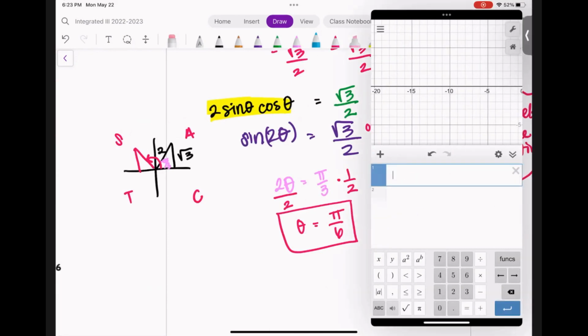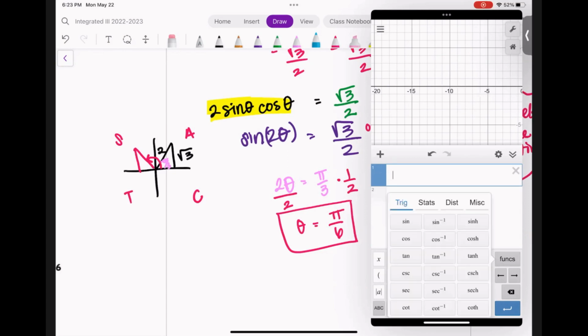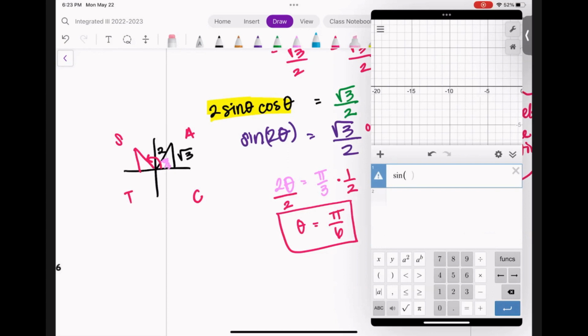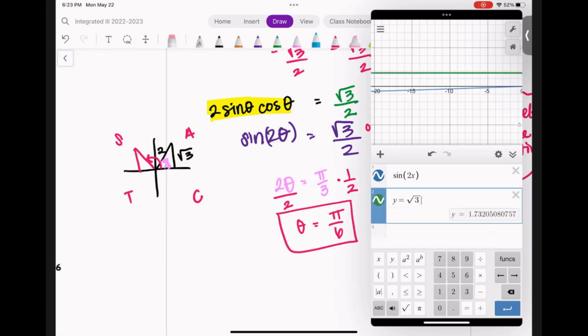You could do it from either one, but I want to explain it from there so you can get that period understanding. So sine of 2x, and then I'm going to put y equals the square root of 3 over 2, right?